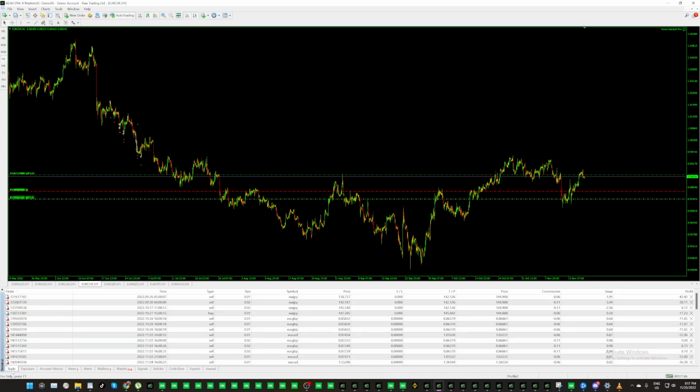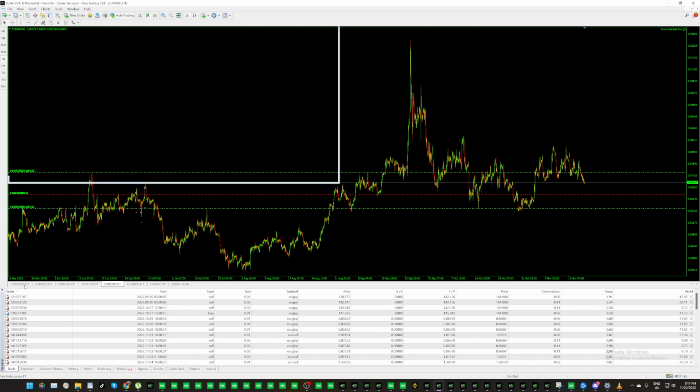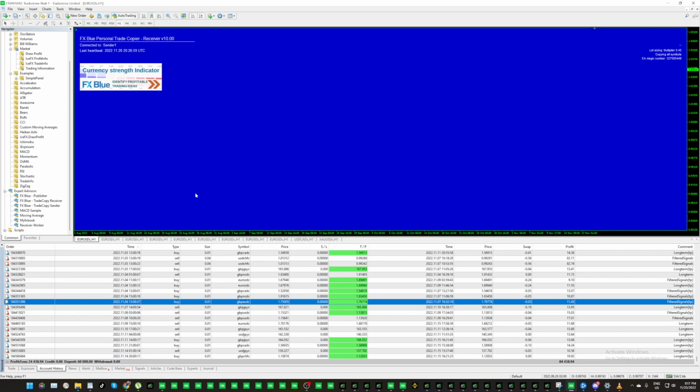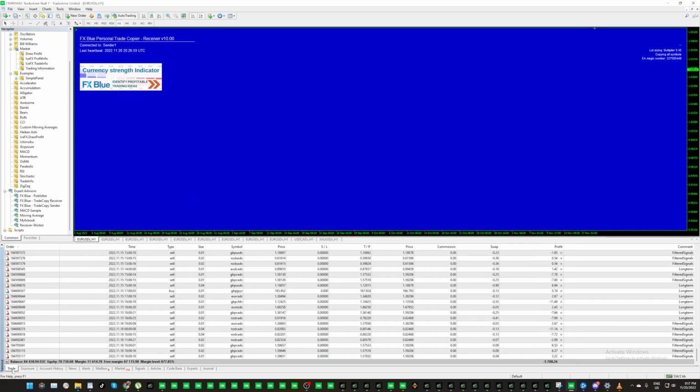Basically the automated trading systems are running on these demo accounts, and then we use the FX Blue personal copy trader to send those signals that we produce to our live account. So basically we started with like 60,000 euro cents.